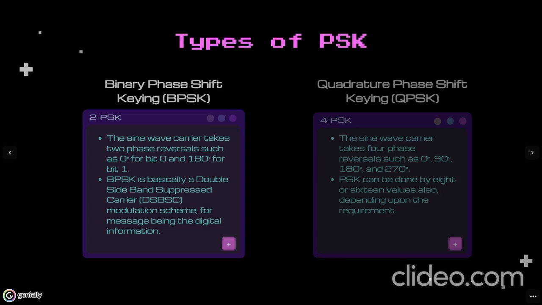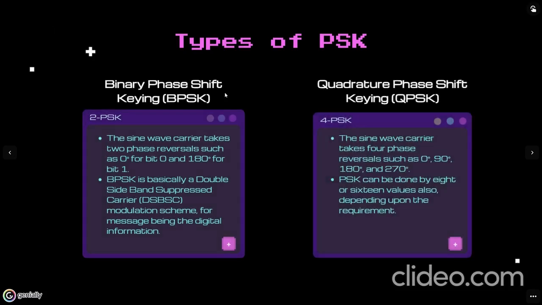Types of PSK. This one is the binary phase shift keying (BPSK), or we can call it 2PSK. The sine wave carrier takes two phase reversals such as 0 degrees for bit 0 and 180 degrees for bit 1. BPSK is basically a double sideband suppressed carrier modulation scheme for a message being digital information.